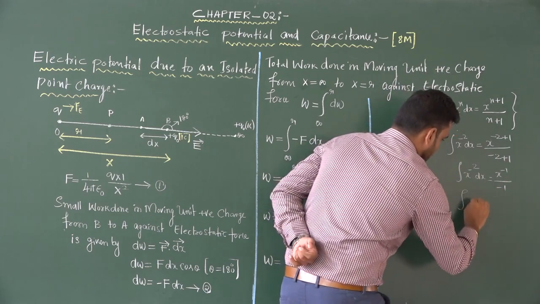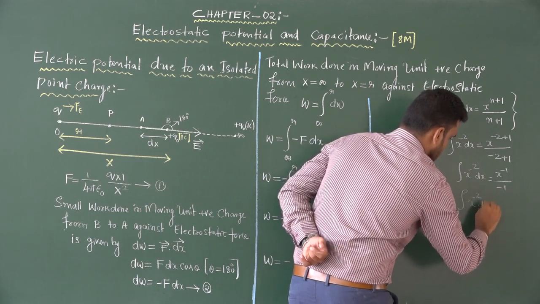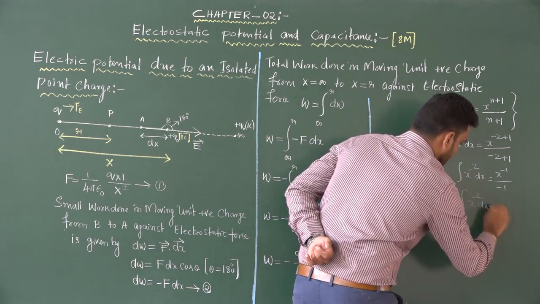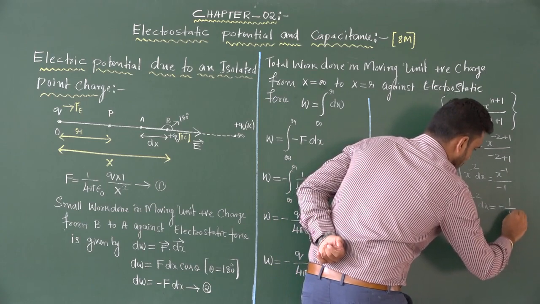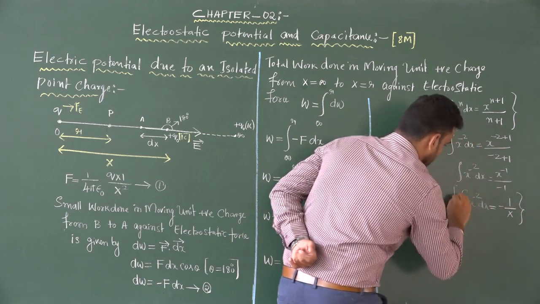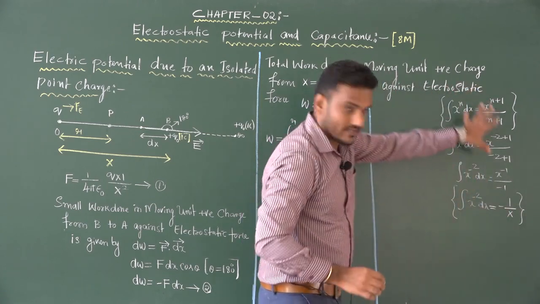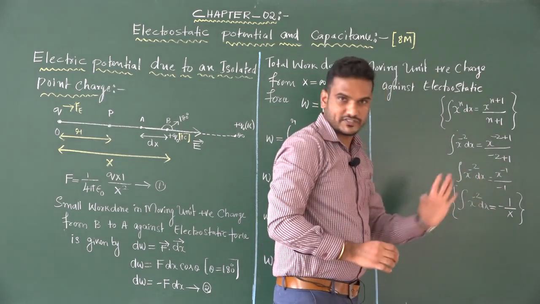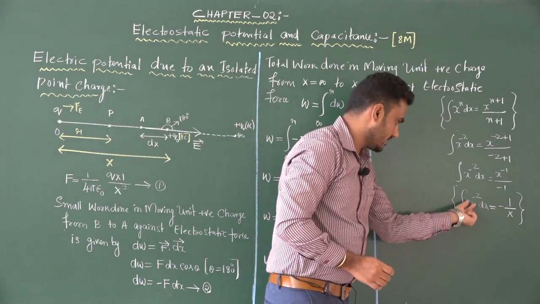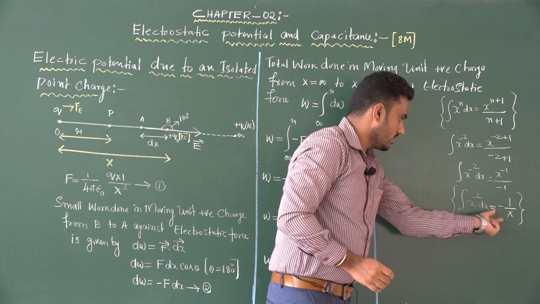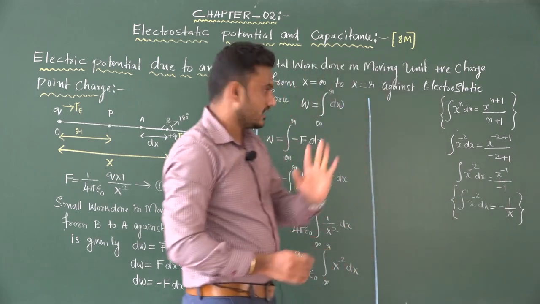So integration of x to the power of minus 2 into dx will be equal to minus 1 over x. This part is not necessary to write, but you must know. Directly you can write integration of x to the power of minus 2 dx will be equal to minus 1 over x.